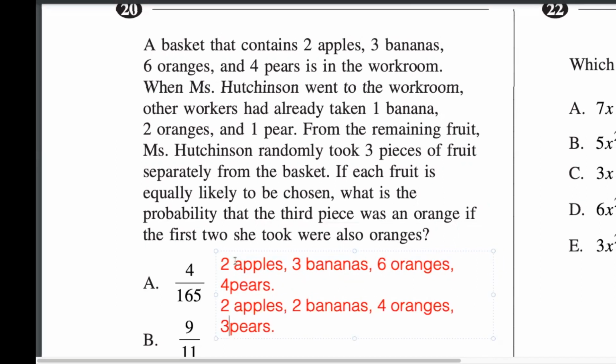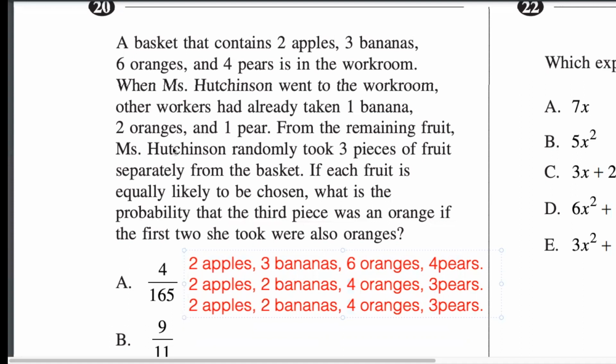So when she went in the break room, there were 2 apples because nobody took the apples, 2 bananas because there were originally 3 bananas and 1 was taken, 4 oranges. Originally there were 6 oranges and somebody took 2, so there are 4 oranges left, and there were originally 4 pears, but somebody took 1, so there were 3 pears.